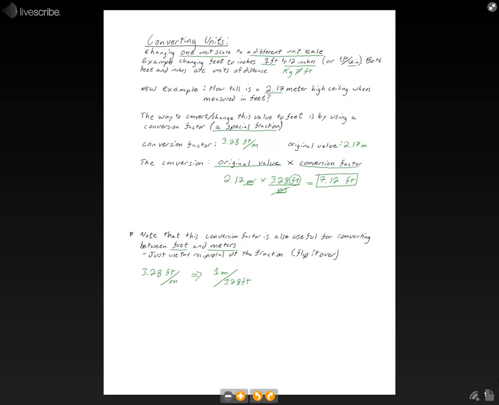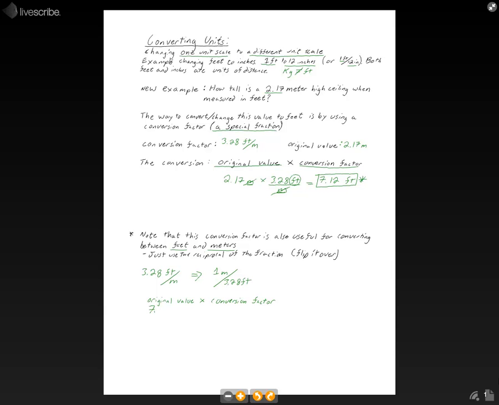The setup is the same for converting. You take the original value times the conversion factor. The original value in this case is the 7.12 feet from above.